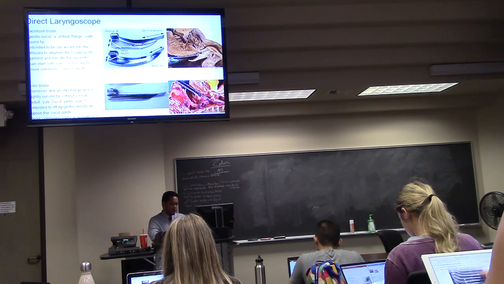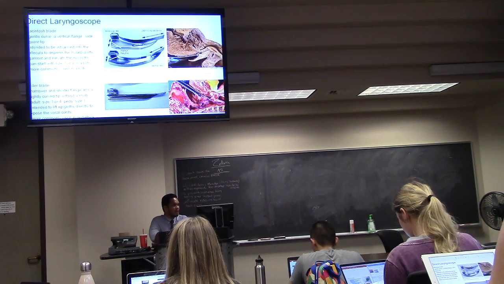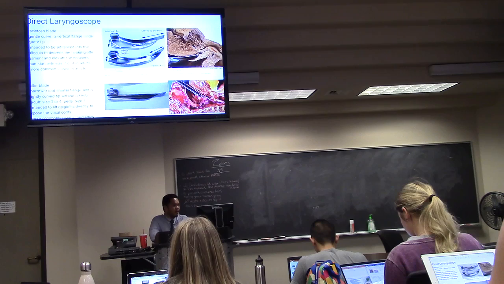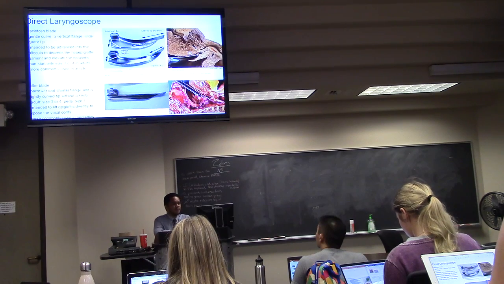So there are two types of laryngoscopes. There's actually like 10 types of laryngoscopes, but we're going to talk about the two most common. The Macintosh blade is the one that I prefer. This is the blade that's a little bit hyperangulated, and it goes in front of the epiglottis and into the vallecula.